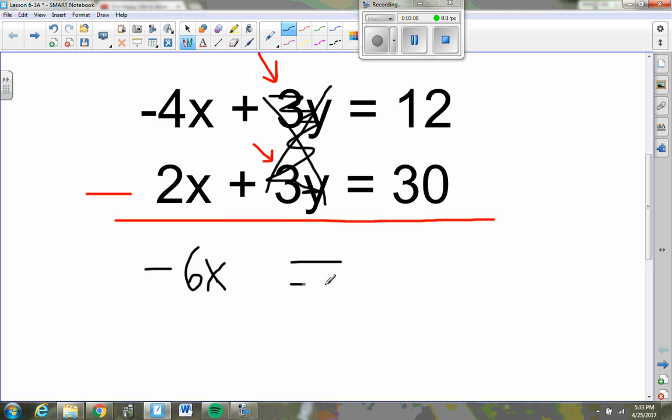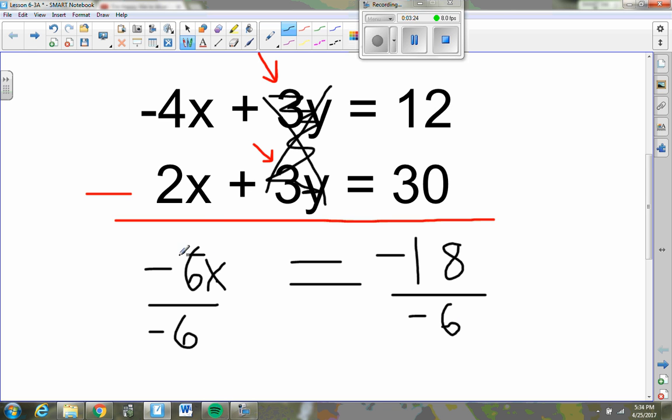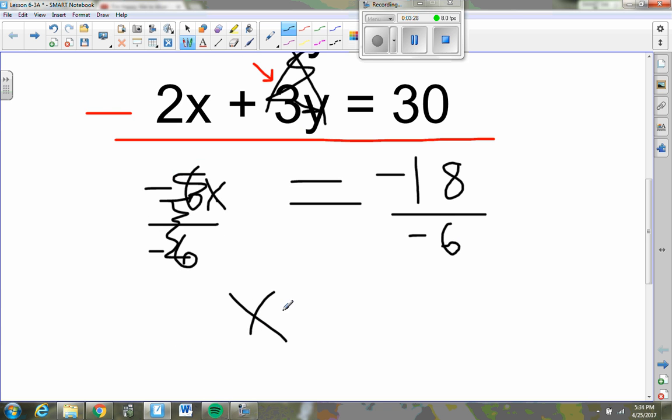And the other side of my equal sign is 12 take away 30, which is negative 18. Okay, so now that I have this equation, it no longer involves a y. I can simply divide away the number that's attached to my x. Divide by negative 6, divide by negative 6. That goes away, and I get x is equal to negative 18 divided by negative 6 makes a positive 3.